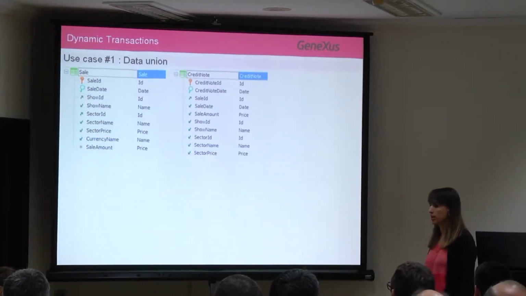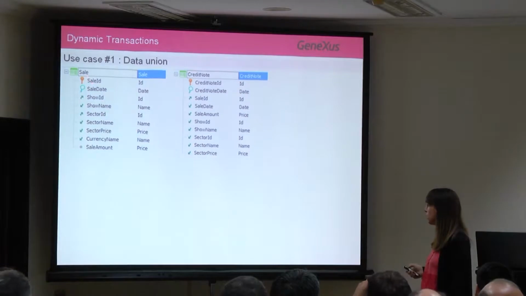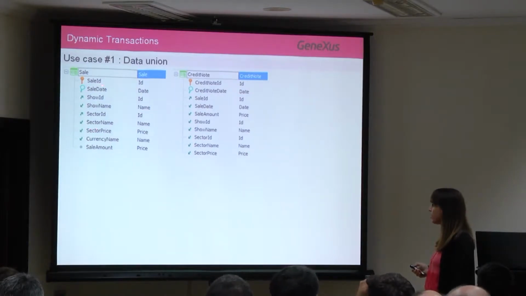Now, this first case of use proposes joining data, a data union. Let's suppose in our knowledge base, this sales management of show tickets, we have a sales transaction and credit. They're not dynamic, they're just the same. They have a physical table, and each sale has an identifier, a sales date.